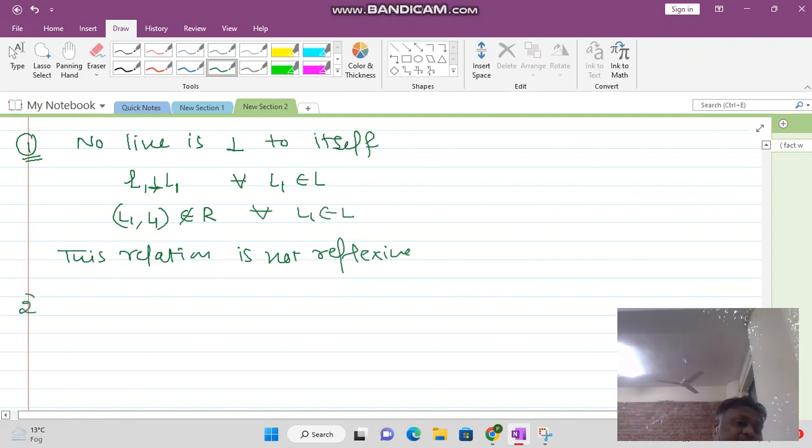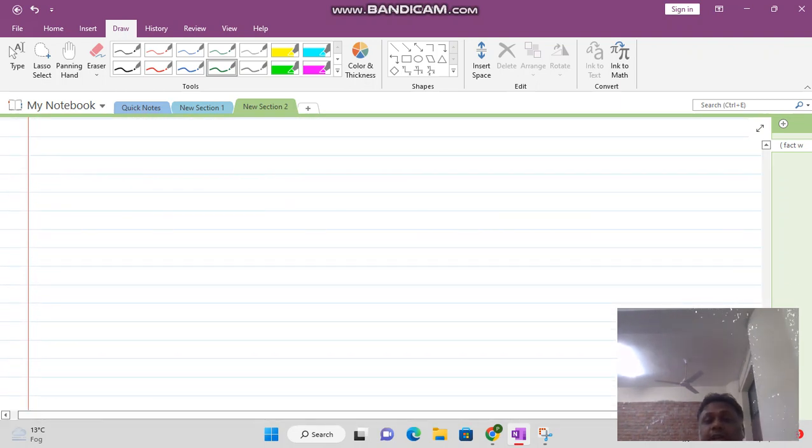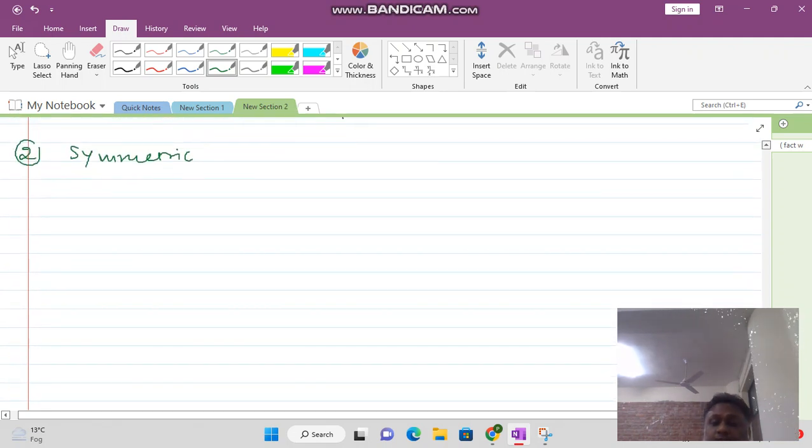Now next we talk about symmetric. If you want to talk about the symmetric relation, you see that as (L1, L2) belongs to the relation, you can say that L1 is perpendicular to L2.